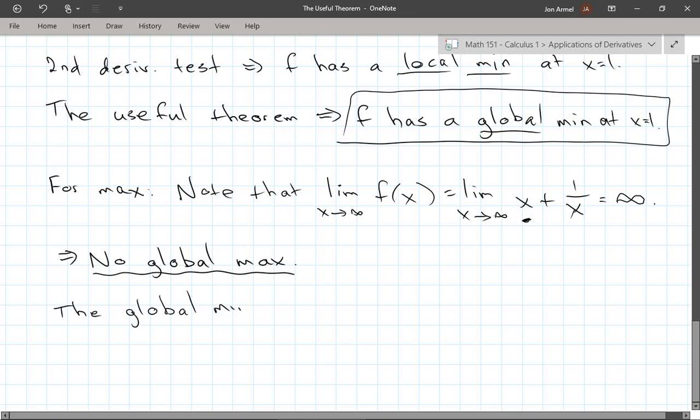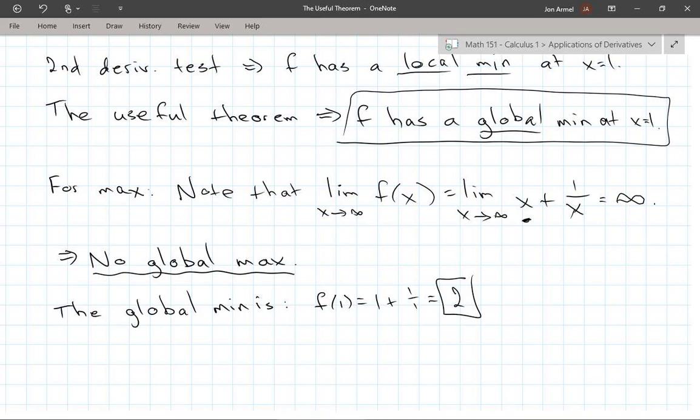Well, that part's pretty easy. We know where it occurs, so we just plug that into the function. So it's f of 1, that's 1 plus 1 over 1. Remember, my function is x plus 1 over x. So that's 2. The global minimum is 2, and it occurs at x equals 1. f of 1 equals 2.